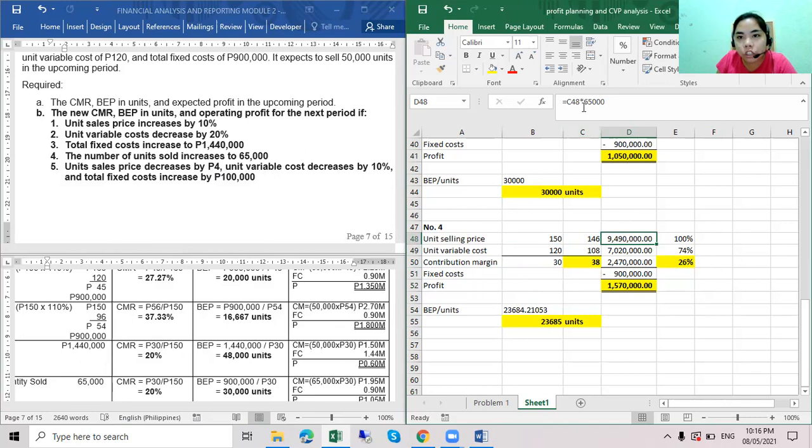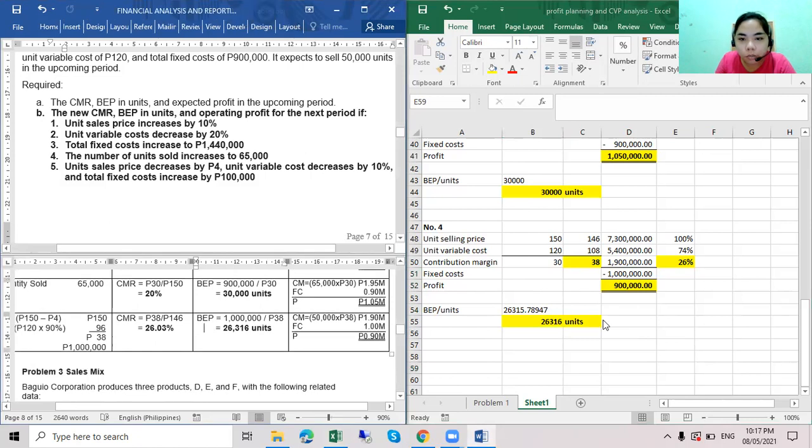So there is no change in number of units to be sold. So let's go back to 50,000 units. And total fixed cost increased by 100,000. So from 900,000, increase by 100,000, this will become 1 million. Okay, check tani, if you check sa inyong module.